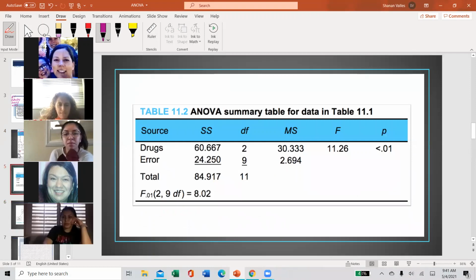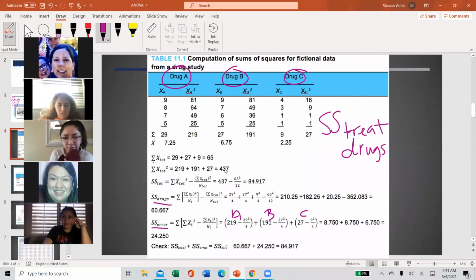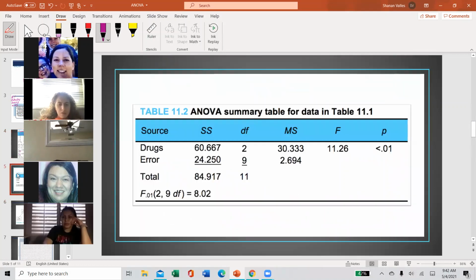I'm going to show you the source table here. These are the numbers that came from here. We had 84.917 for our SS total, 60.667 for SS treat, and 24.25 for SS error, and those are the same numbers here.